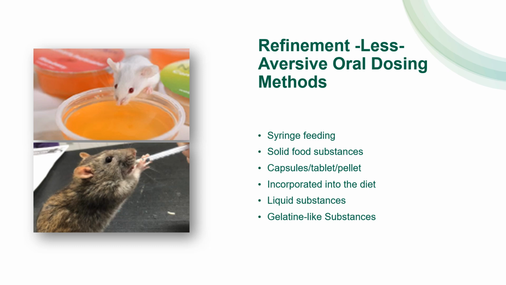Less averse oral dosing techniques include administering liquid substances directly into the animal's mouth with a syringe, mixing substances directly into the animal's regular food, adding liquid medications or supplements to the animal's drinking water, incorporating substances into solid food forms such as biscuits or treats to encourage voluntary ingestion, and using gelatin-based formulations to encapsulate substances, making them more palatable.